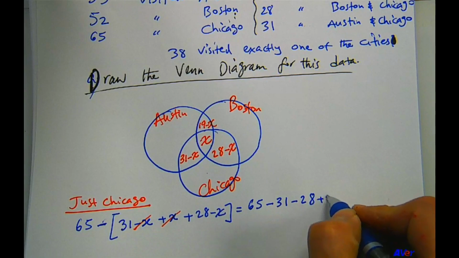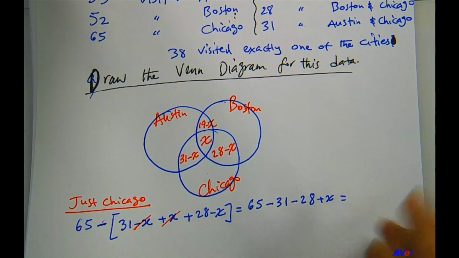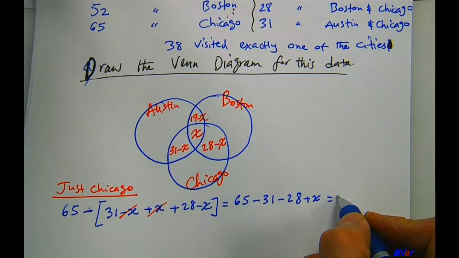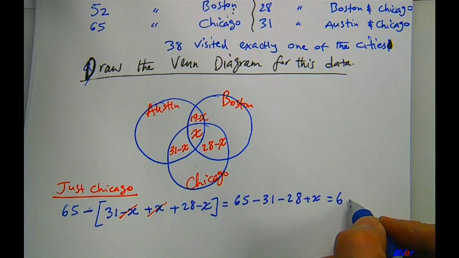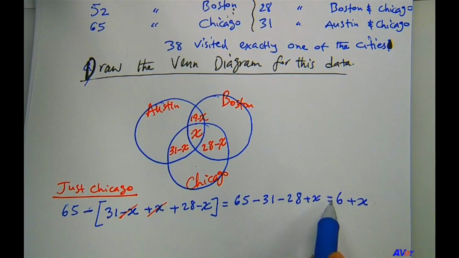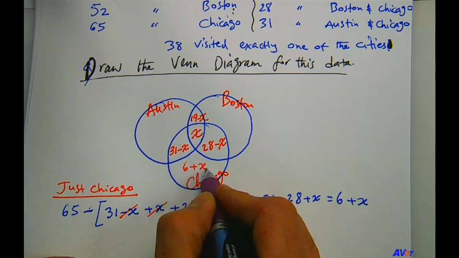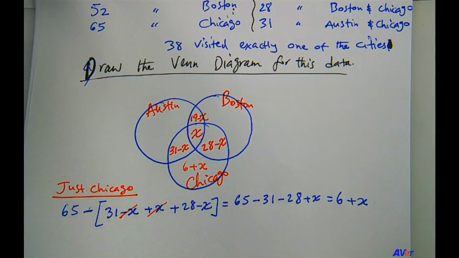So plus X. Let's simplify this a little bit. I ended up with 6 plus X. So these are how many people visited just Chicago and nowhere else. Let's write that down here, 6 plus X.